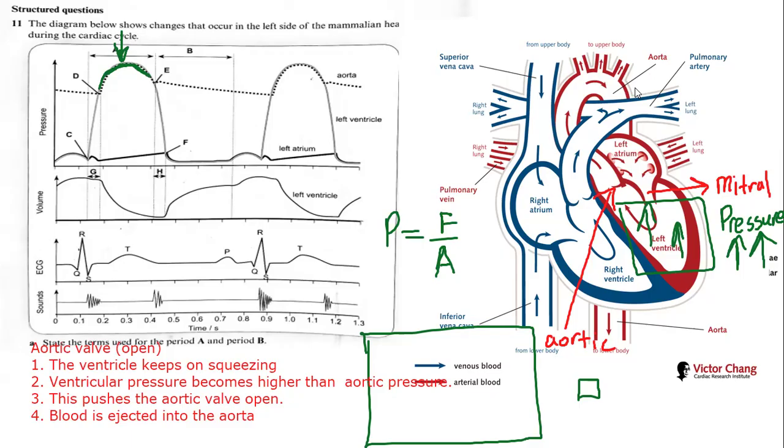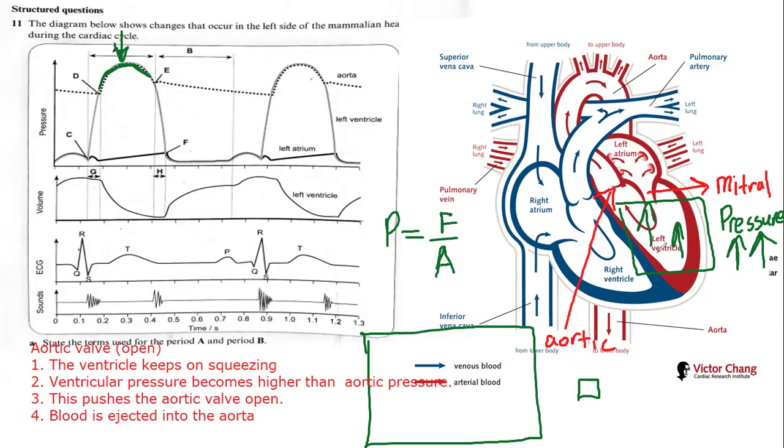Okay, cool. Good. Haley, can you explain what causes the aortic valve to open? Start from the left ventricle.